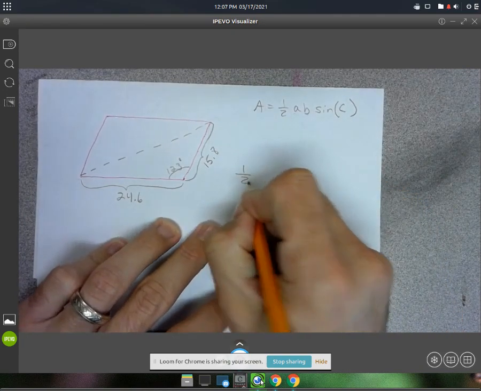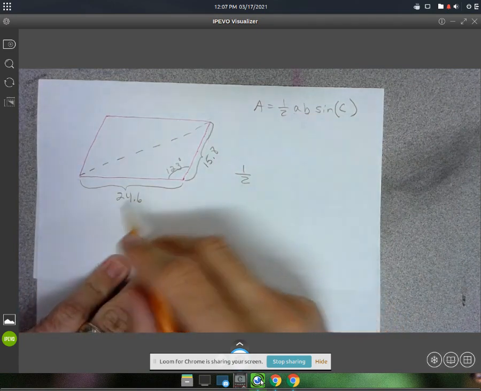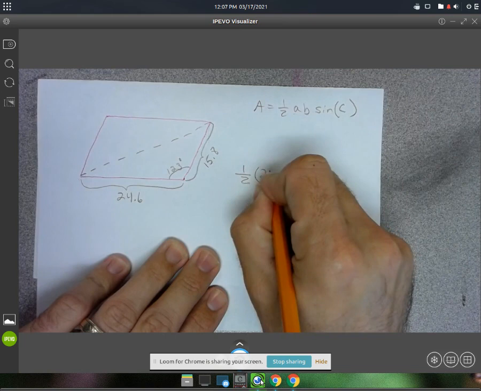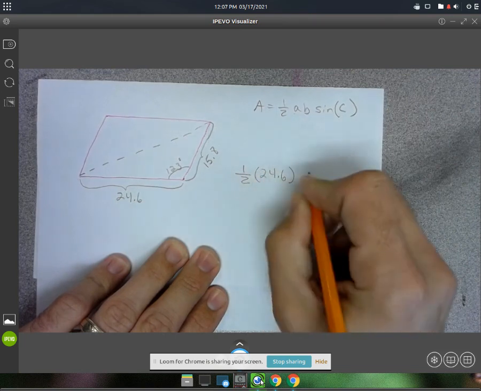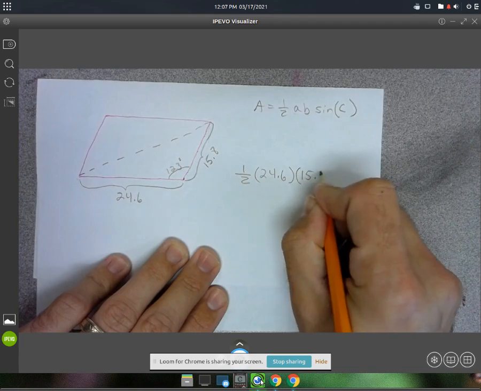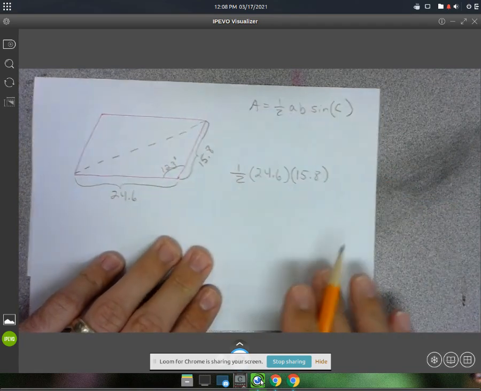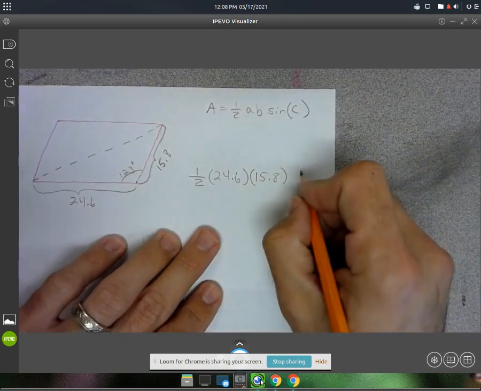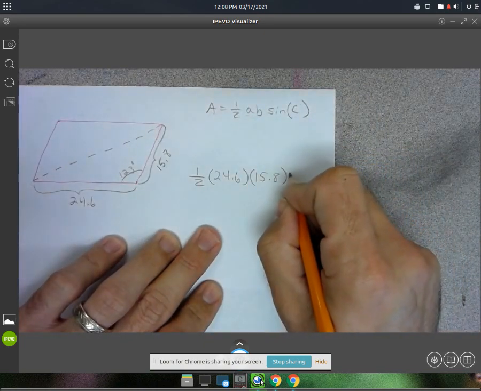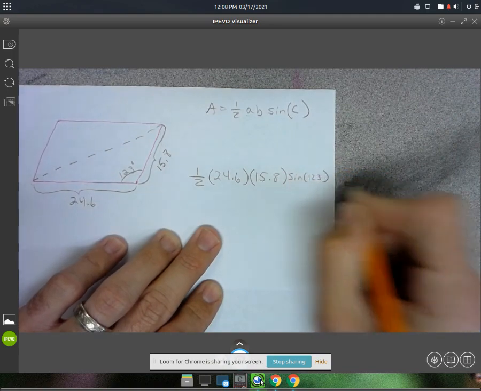So I got 1/2 a times b. So that's going to be 24.6 times 15.8. And then the angle in between them is 123, so it's going to be sine of 123.